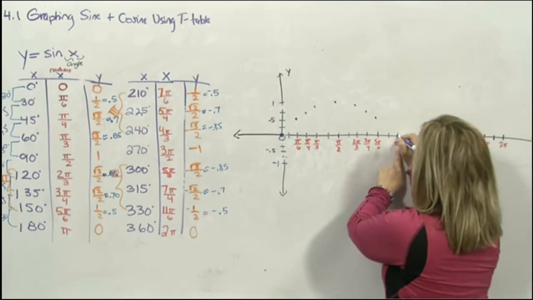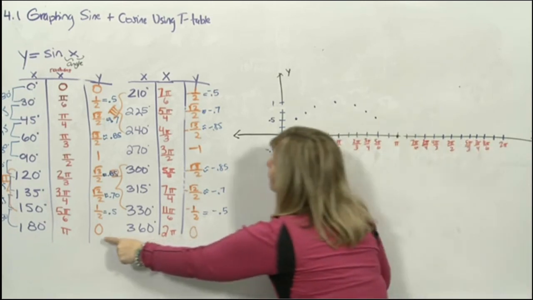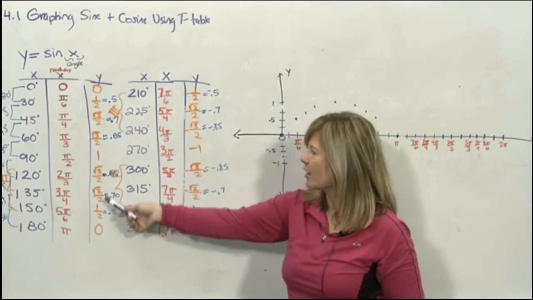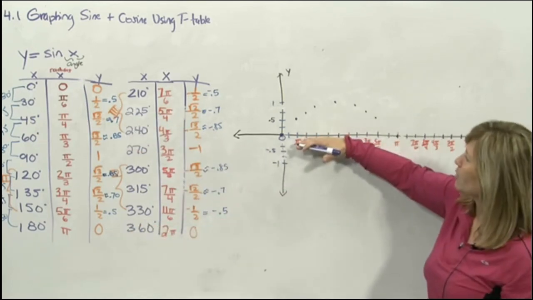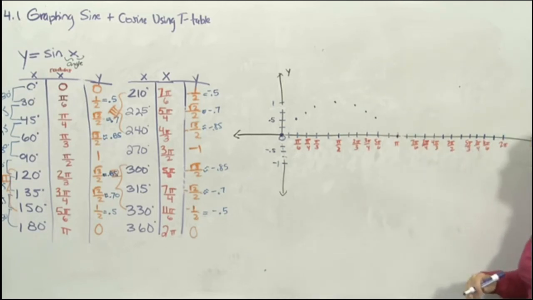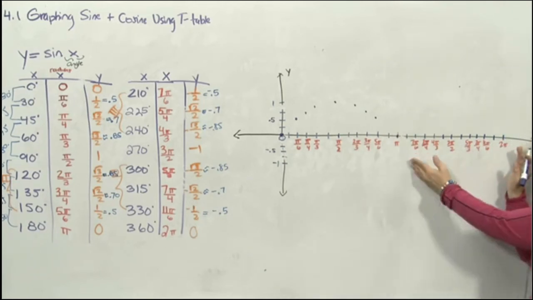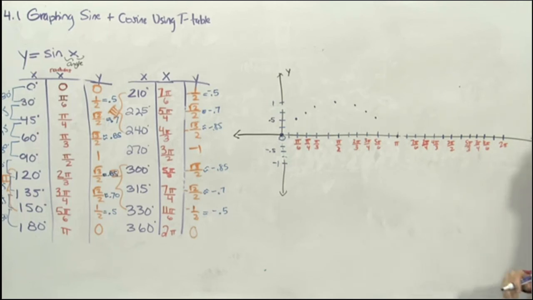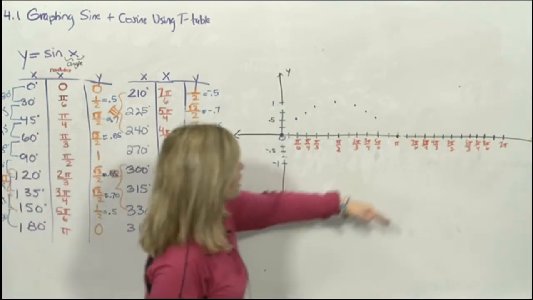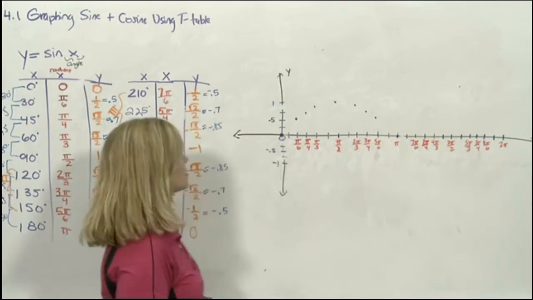Your y value is 0. So look, all the y values here are positive numbers. If y's are positive, they're above the x-axis. Now we got to do the other half of the graph. So now we know all the y values are negative, so they'll all be below the x-axis.